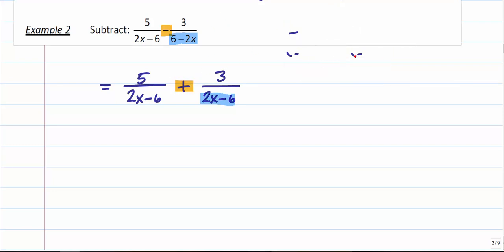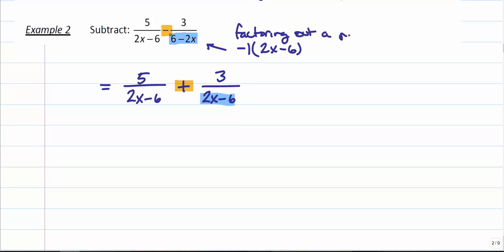And so, let's see if I can write that any better. But this on the bottom, that's -1 times 2x minus 6. Again, factoring out a -1. So now I just have to add, and 5 plus 3 is 8.